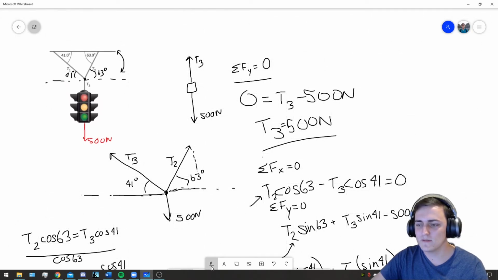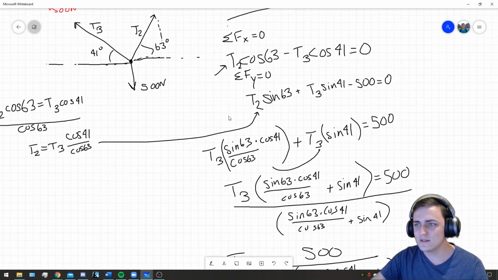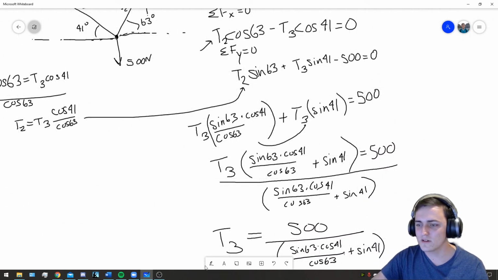Now we found T3, and remember above we actually found, whoops, we made a mistake. We accidentally wrote T3 in two places. This one down here was supposed to be T1 for all this work. My bad.